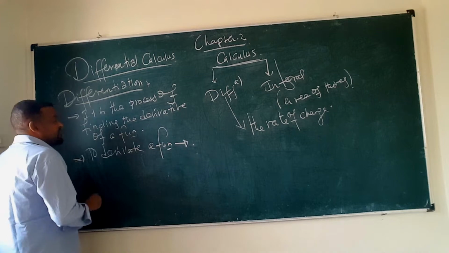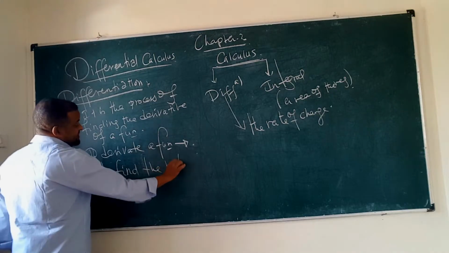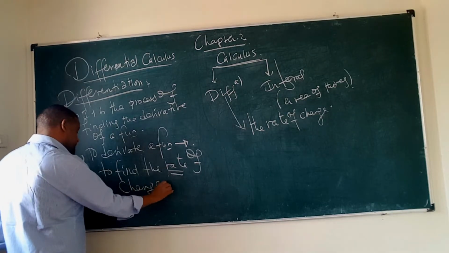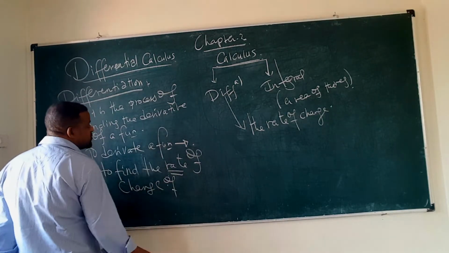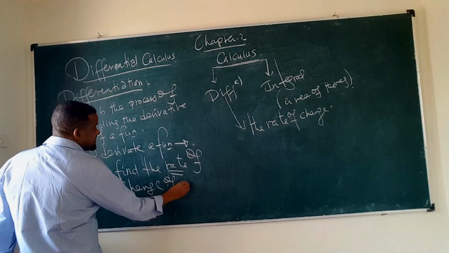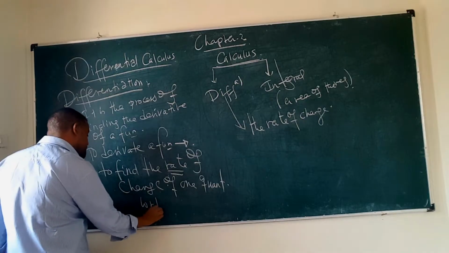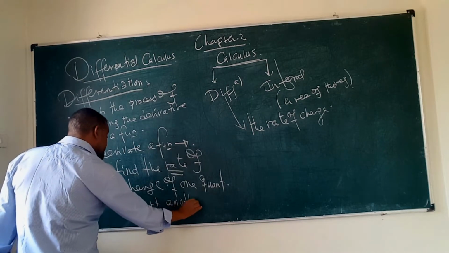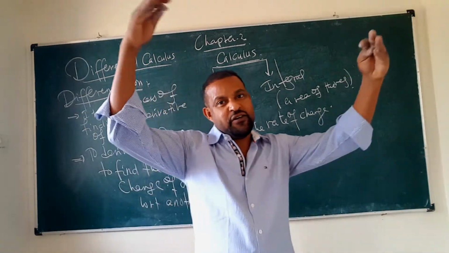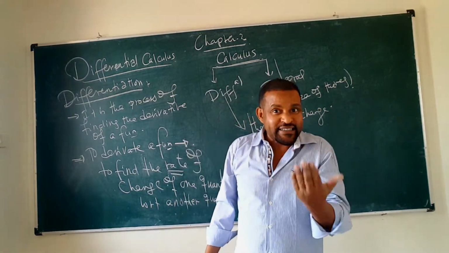So differentiation is the process of finding the derivative of a function, and to derivate a function means to find the rate of change of one quantity with respect to another quantity.